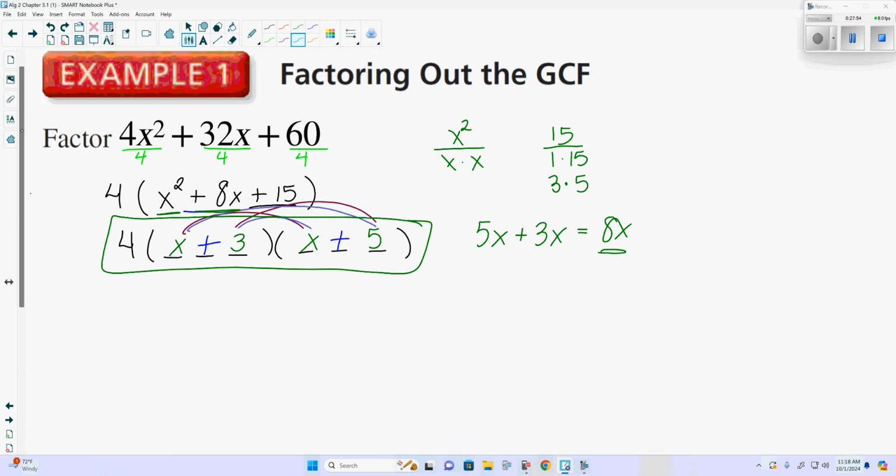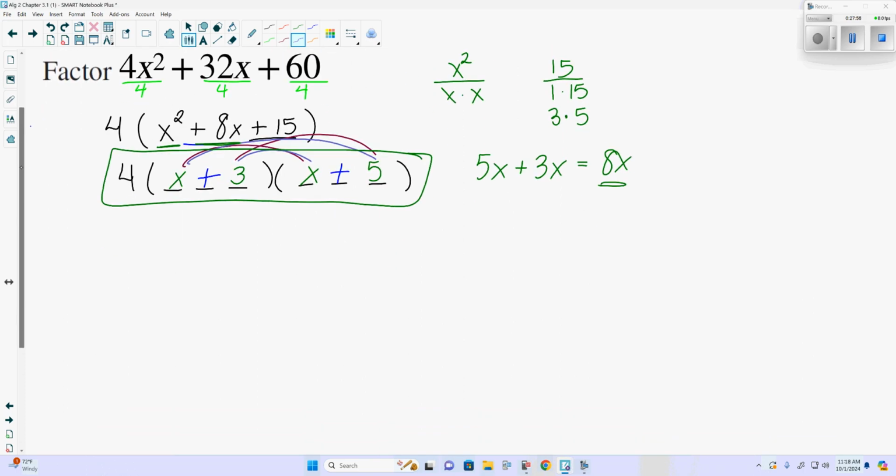Now, if we did 1 and 15, we would get a different answer. If we check this, x times 15 is 15x, 1 times x is plus x, giving us 16x, which is not the same as 8x.